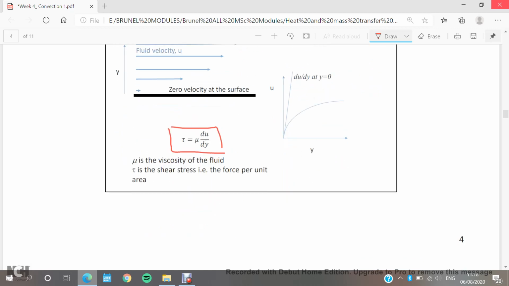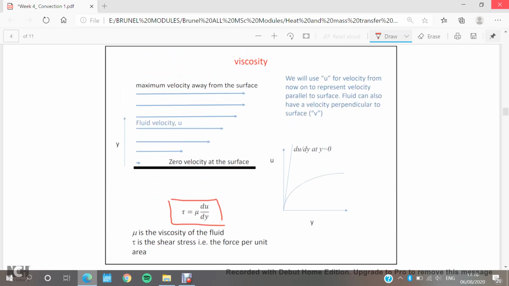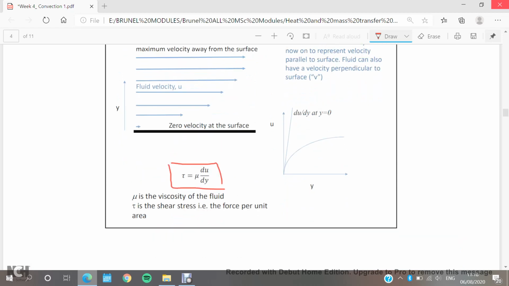So the shear stress is equal to the viscosity times the velocity gradient, and the velocity gradient at y equal to 0 is the slope of the curve. Like in here, this is a relation between the velocity, u, and y, the direction away from the horizontal surface. So the velocity is increasing in the direction of y, and the slope at y equal to 0 will be the gradient of the velocity.